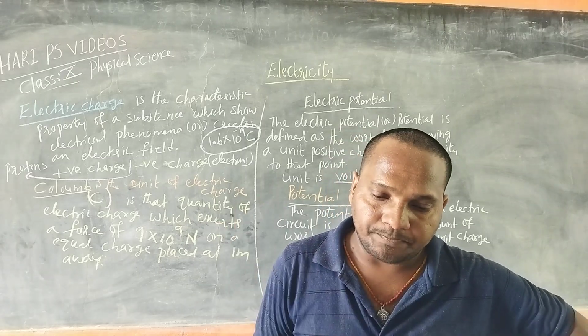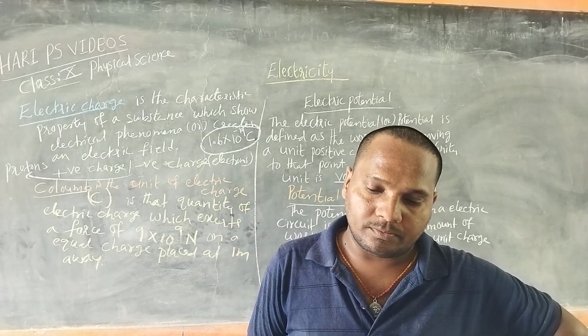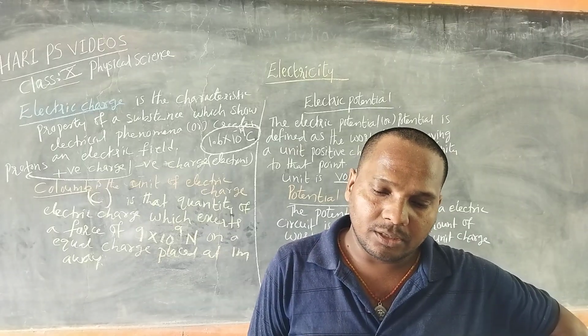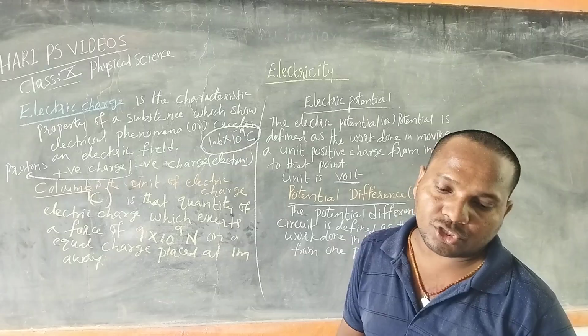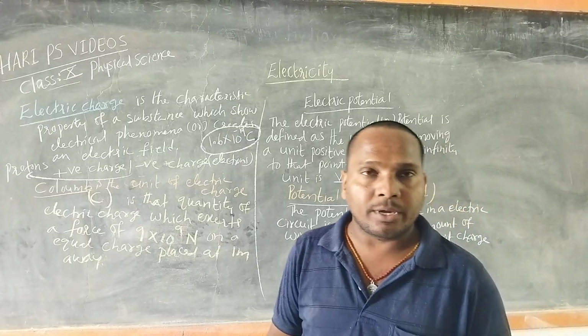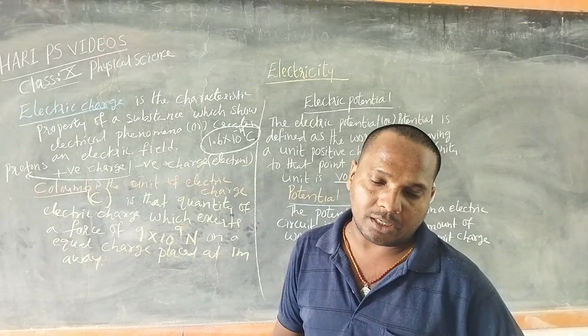So the unit of electric charge is the coulomb. 6.25 into 10 power 18 electrons taken together constitute 1 coulomb of charge.